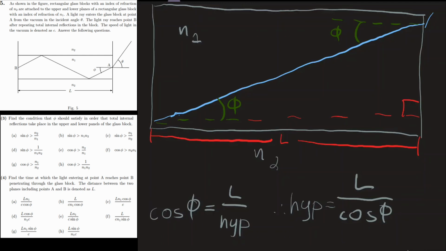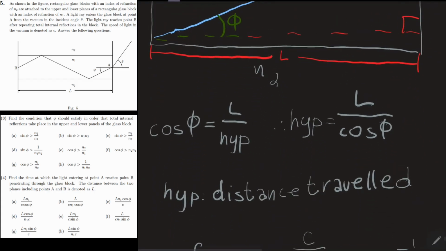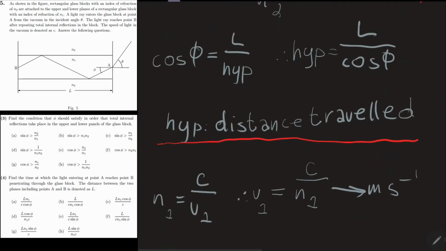Or sorry, the distance between the left and right planes. And that's divided by the hypotenuse, and the hypotenuse is just the entire distance traveled by the light beam. And so we can rearrange and find that the hypotenuse is equal to L over cosine phi. And like I said, that is the distance traveled by the light beam.